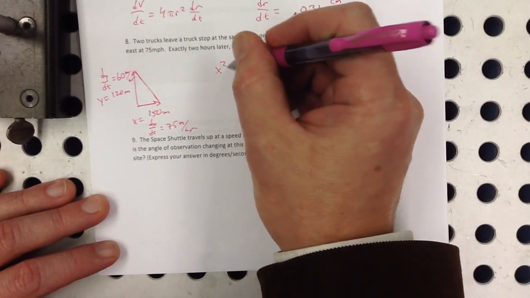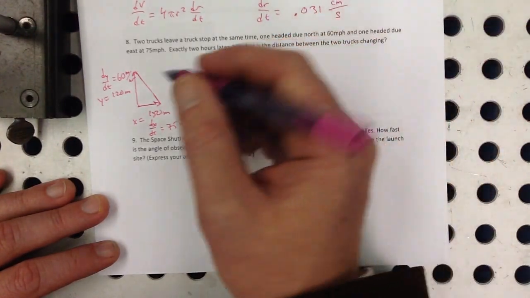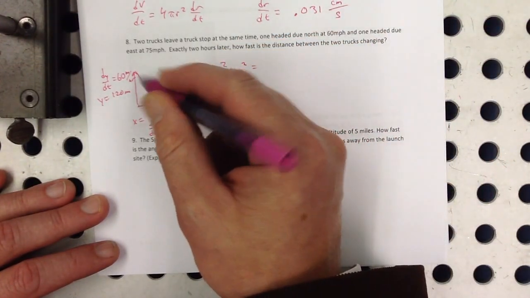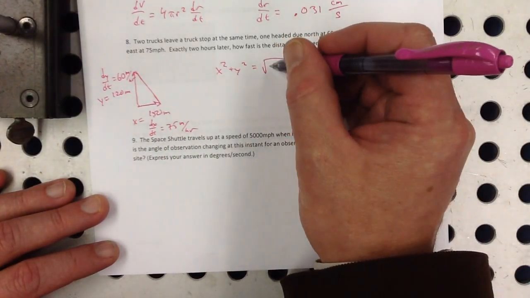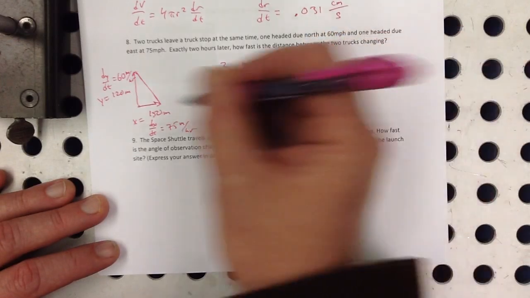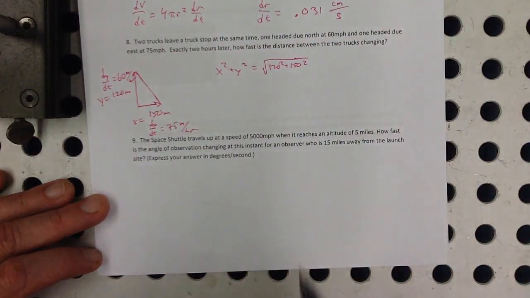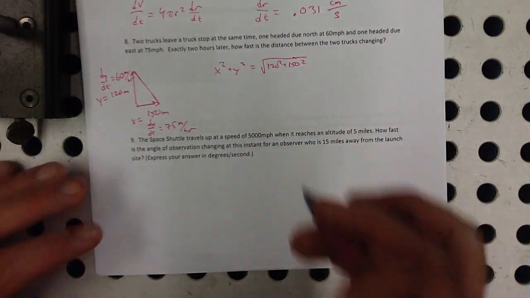So let's see, x squared plus y squared is equal to the hypotenuse squared. Hypotenuse is the square root of 120 squared plus 150 squared, right? That's just from the Pythagorean theorem. I don't really care what that number is, because when I take the derivative, it's just a number, it's going to be 0.